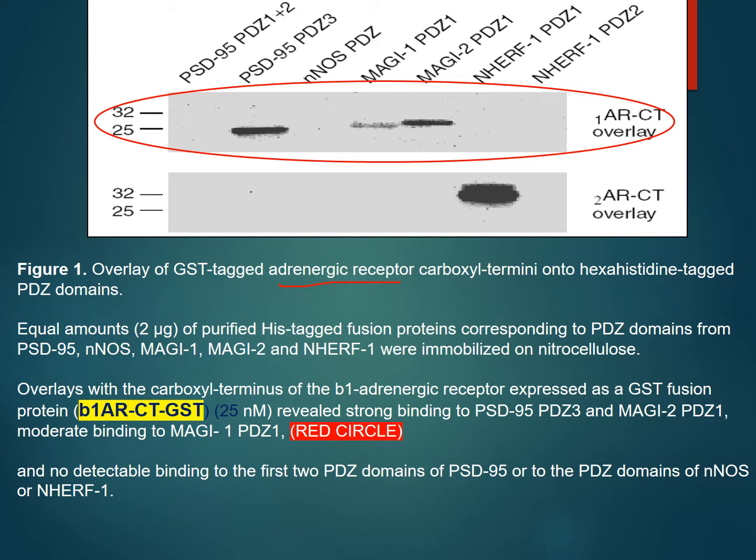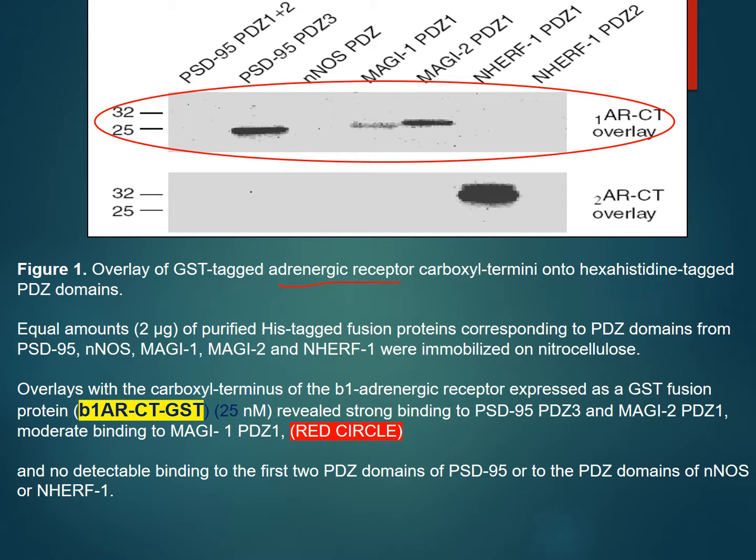And in this case, it's B1 AR C-terminus and B2 AR. So these are two adrenergic receptors, but they are not the same protein. They're very related, but not the same. And so in the lanes, all these letters and numbers are different proteins that they're testing.